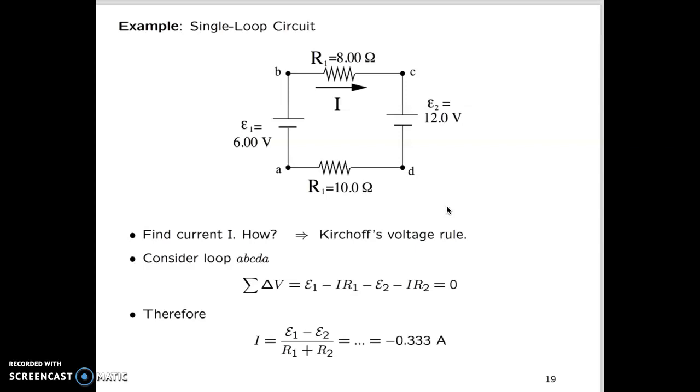Or if you guessed right, make sure you say that you guessed right because it was positive. In this case, we guessed wrong deliberately. I knew the current was probably flowing the other direction, but I just wanted to illustrate this point.